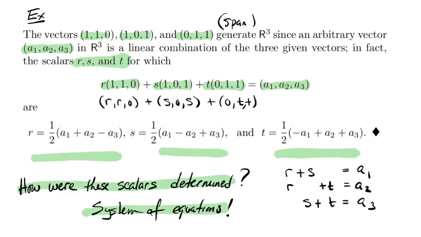Then using the elimination technique that you saw in Math 241, you could solve those equations for R, S, and T. And since A1, A2, and A3 are any three numbers, that determines R, S, and T, so any vector is in the span of those sets. So that set generates R3.